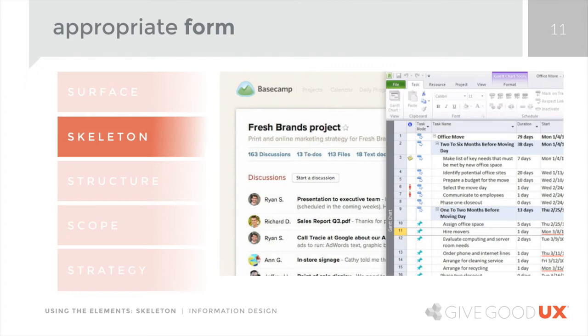So you probably assume that Basecamp is much simpler, much more straightforward, cleaner, less clutter, more organized, and you would be absolutely right about that, okay? Now, what it sacrifices to be that way is it sacrifices a certain degree of functionality. Okay, Microsoft Project does 101 things that Basecamp does not.